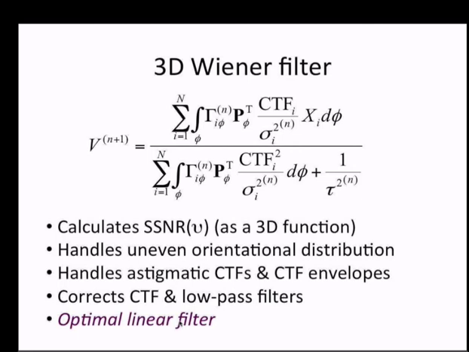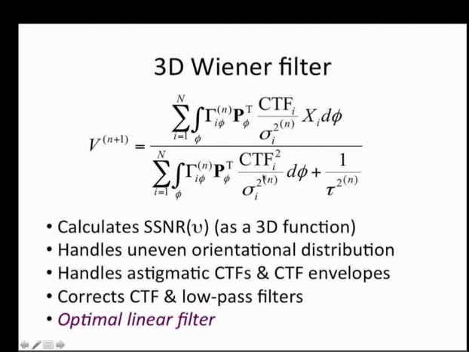And because of the way it's constructed, it will be able to handle uneven rotational distributions. It can handle astigmatic CTF, CTF envelopes, etc. And the effect of it will not only correct for the CTF, which many people think is the function of a Wiener filter, but it will also automatically low-pass filter your reconstruction.